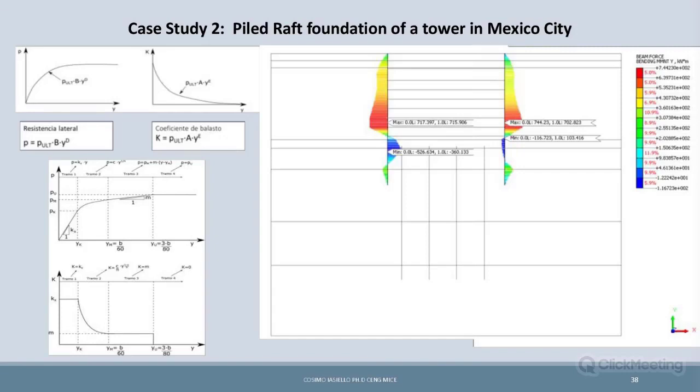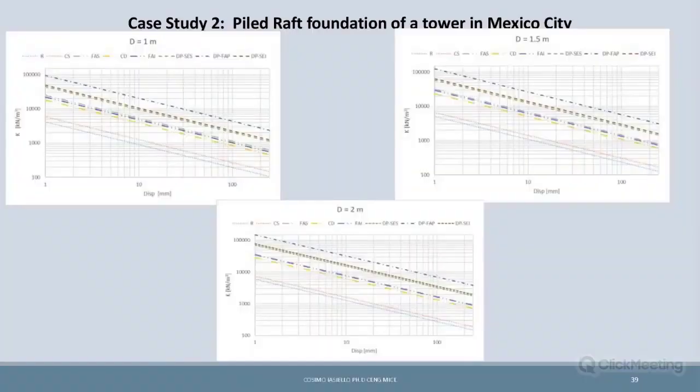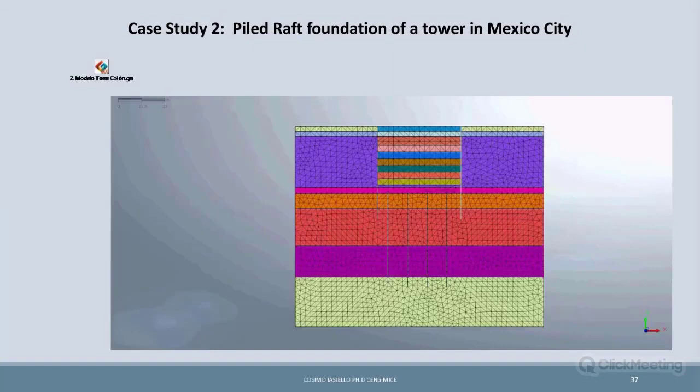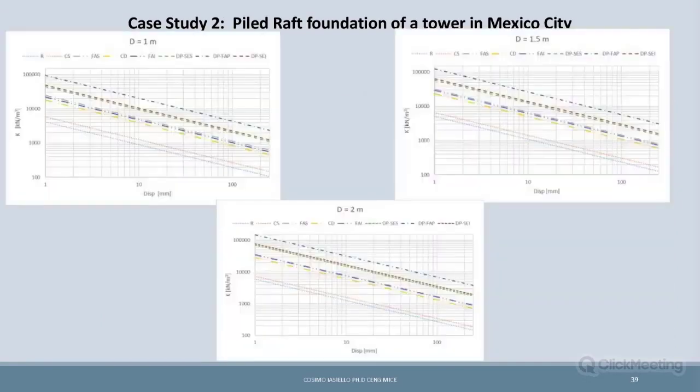We have exactly the pressure, the equivalent correspondence, and the bending moment, and these are the displacement versus the horizontal subgrade modulus, considering the different values, because we are in multi-layered soil. For each soil and for each construction stage, we had a different subgrade modulus.